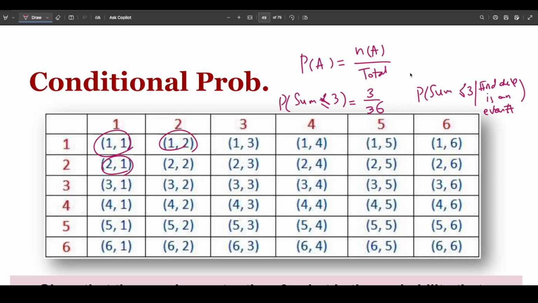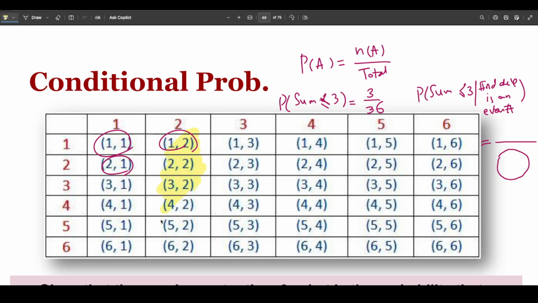So here, in this case, the denominator is going to be definitely different. I'm going to lower the value of the denominator because of the condition that I have in my mind. In this case, I'm going to consider only the cases where the second die is even. What does it mean that the second die is even? What are the possible cases?